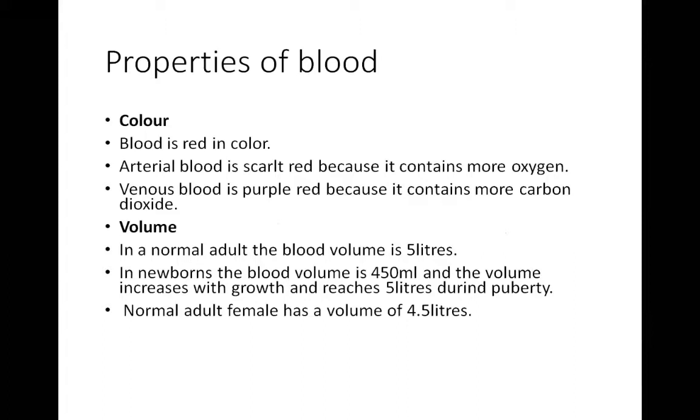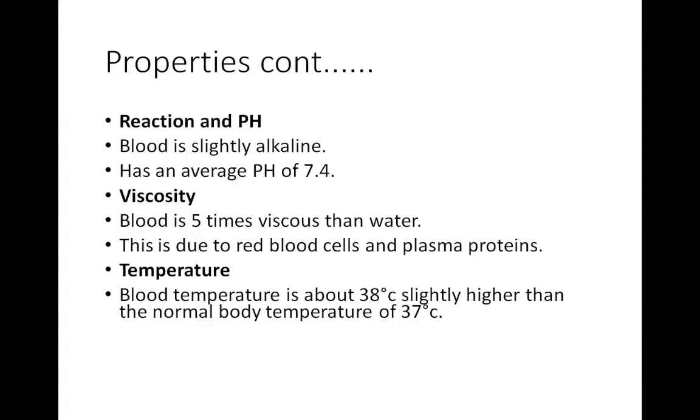And in the newborns, the blood volume is 450 milliliters. Then the volume increases as the child grows, reaching 5 liters during puberty. And also females tend to have a lower volume of blood. So a normal female adult will have a volume of 4.5 liters.